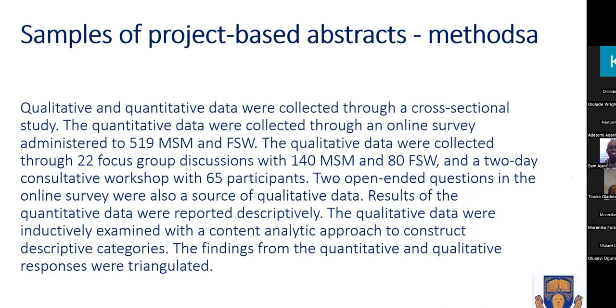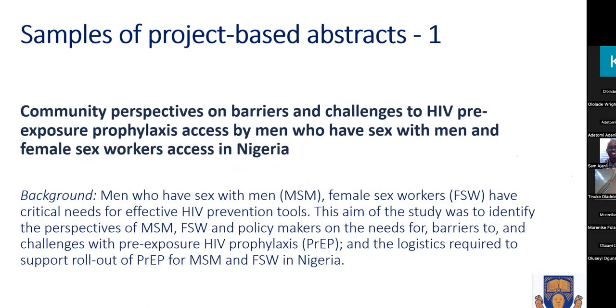Study location. Can you find study location here? I can find study location. Date of data collection. Can you find the date of data collection here? No, I can't find the date of data collection. Variables that were collected. Can you find them here? No, I can't find them. Because when you go back to the objective, it was clear. I want to identify the perspective on needs for, barriers to, and challenges with.